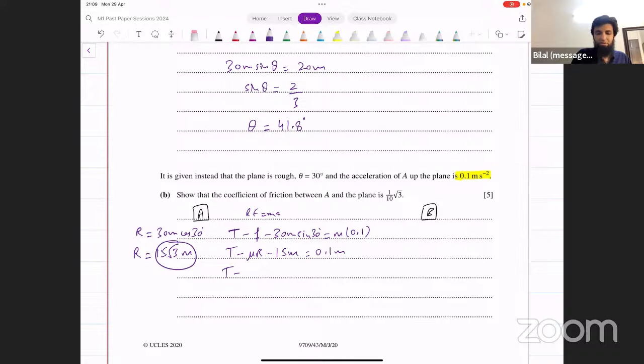We can say T minus mu into 15 under root 3 times m, minus 15m. Let's take 15m to the other side. It becomes 15 plus 0.1, that's 15.1 times m. That is one equation that we're getting in terms of T, mu, and m.